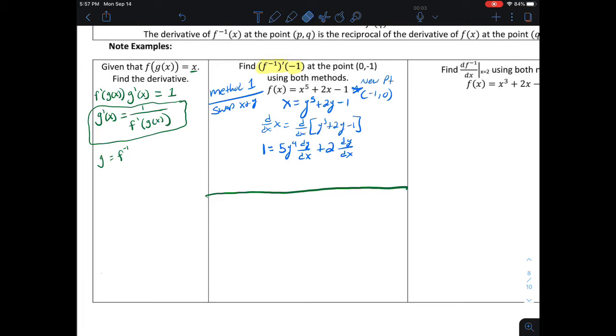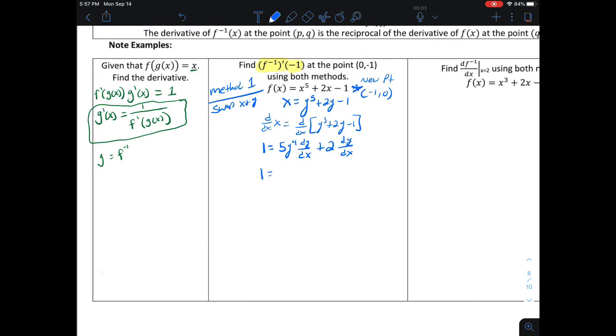And we may as well go ahead and write this as dy over dx equals, so I'd factor out the dy over dx. Then divide, and so the derivative of this inverse, without me actually finding the inverse, is equal to 1 over 5y to the 4th power plus 2.